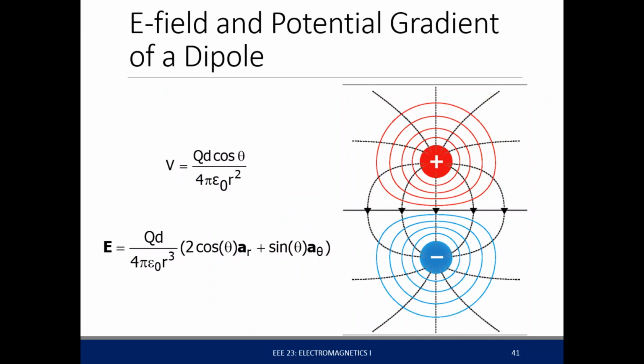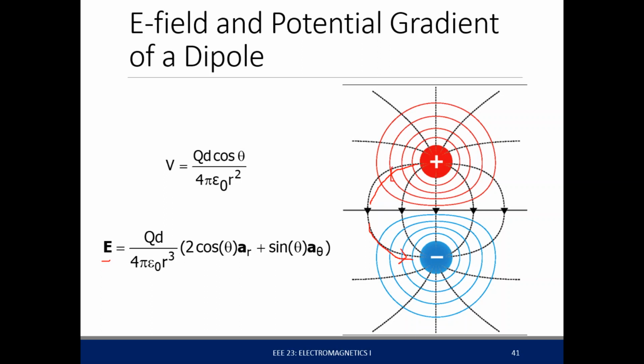Okay, to illustrate that, the potential field looks like this. Okay, it's the circles around the charges. These are your equipotential surfaces. The electric field is the black lines. So as you know, the electric field due to a positive charge is always flowing outward, while for a negative charge is always flowing into.